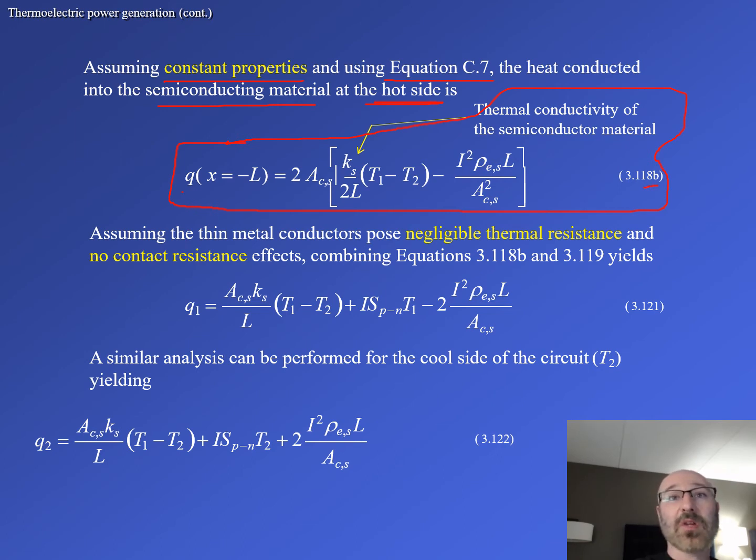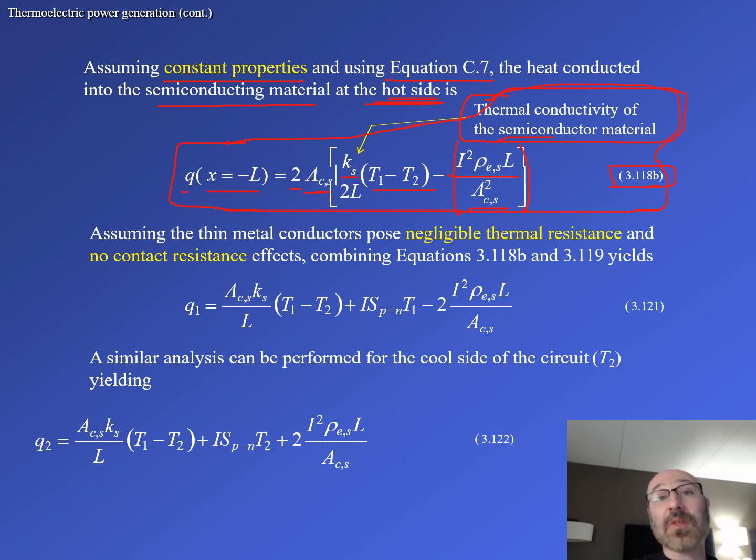We have our Q when X is equal to negative L at the top at the hot side, equal to 2 times that A sub CS we just talked about, times K_S over 2L, where K_S is the thermal conductivity of the semiconductor material, S is for the semiconductor material, times our temperature difference between T1 and T2, minus our I squared times rho_E,S times L, all over that same A sub CS squared. So this again references back to equation 3.118b in our textbook.